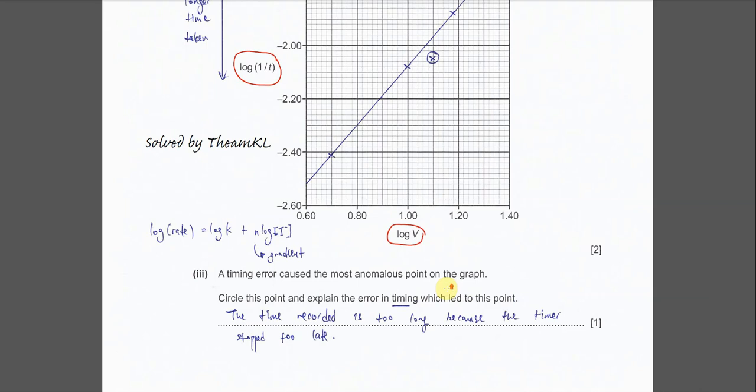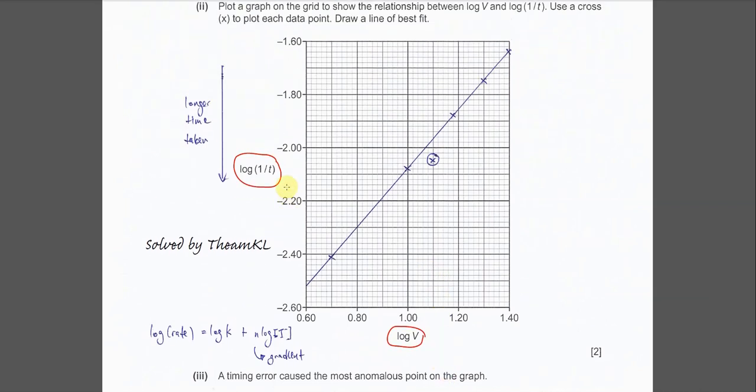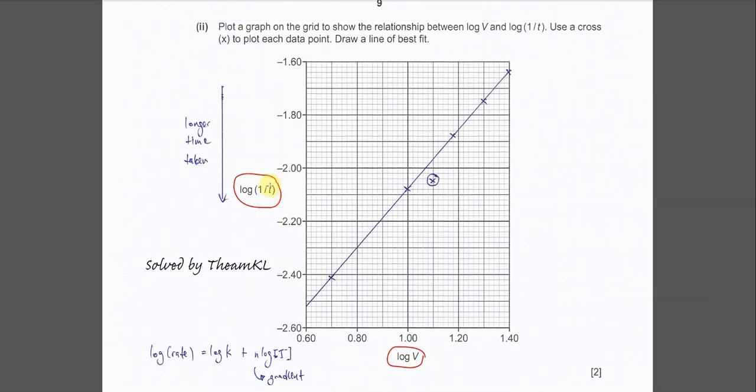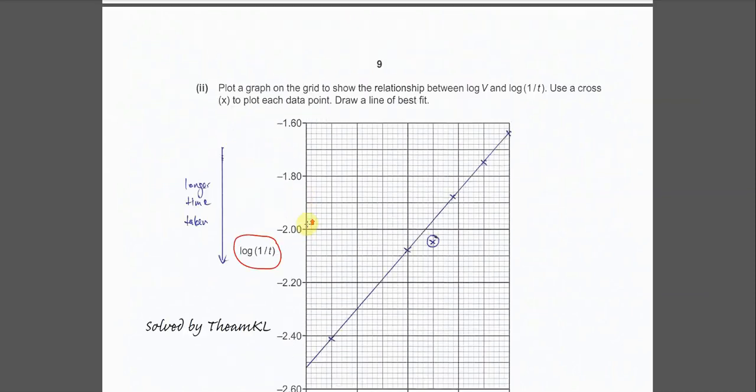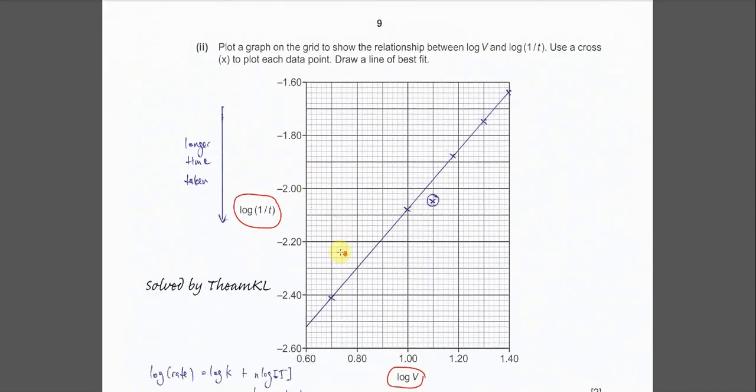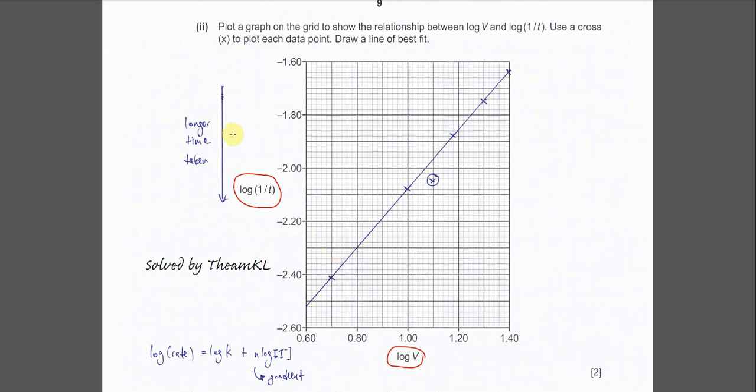Timing means we just focus on this log 1 over T. From here you should understand that when it's going down, the time is going to be longer. This is from the data.